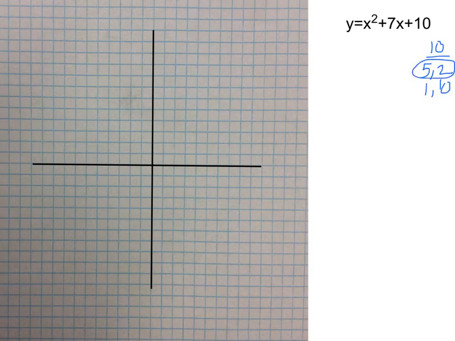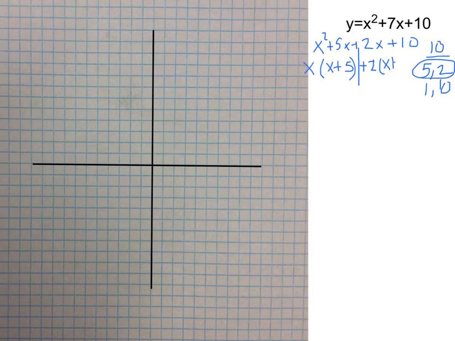So then we have x squared plus 5x plus 2x plus 10. So I take out an x. We have x plus 5, we take out a 2, x plus 5. That's okay if you can't go this fast on factoring. That's fine, as long as you understand all the steps. So we have y equals x plus 5 and x plus 2.